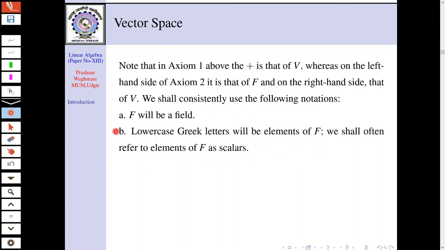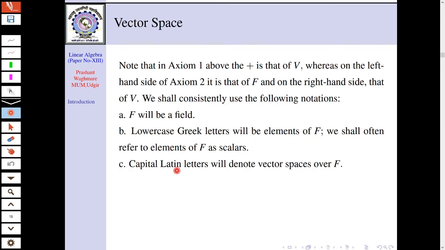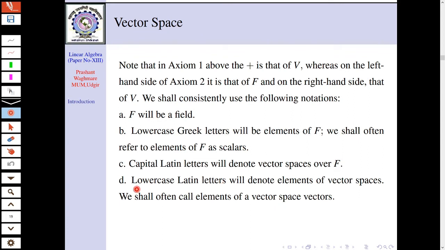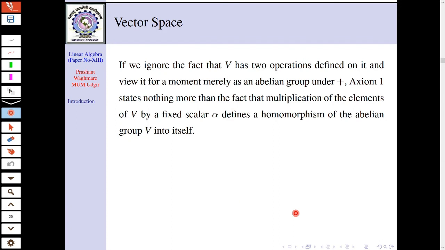We denote those elements as elements of the field. And capital Latin letters will denote vector spaces over F. And lowercase Latin letters will denote elements of vector spaces. That is V, W, U. Okay, those are the elements of a vector space.